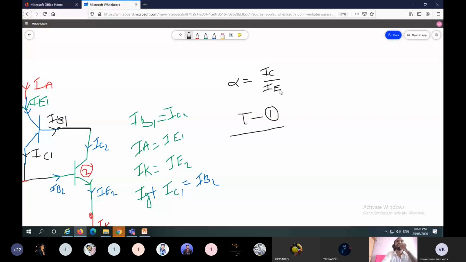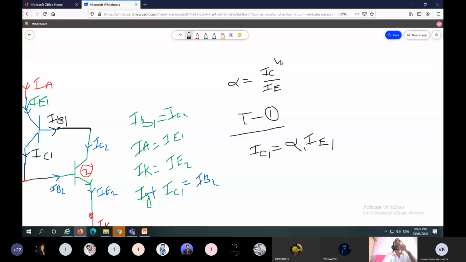From that, collector current IC1 equal to alpha 1 IE1. IC equal to alpha into IE. For transistor 1, IC1 equal to alpha 1 into IE1.